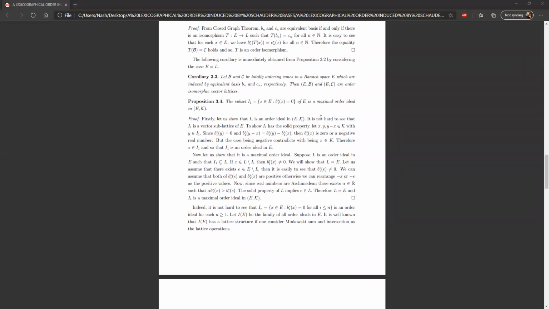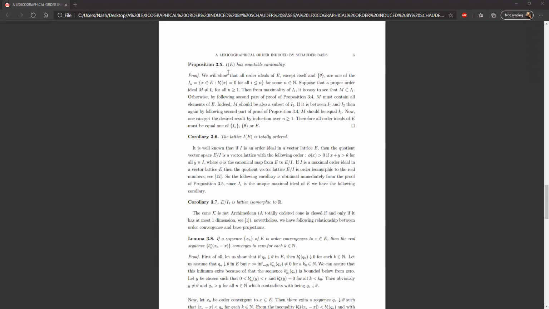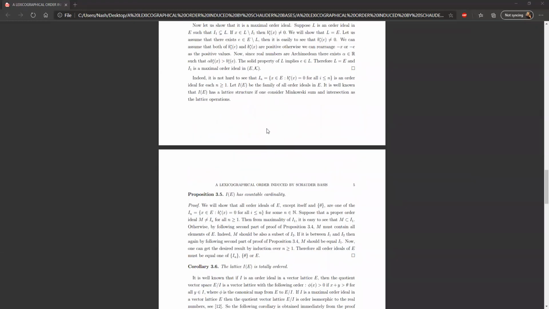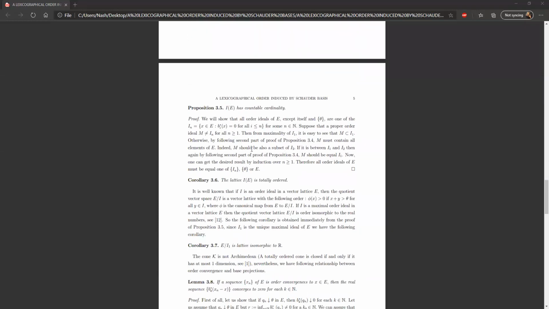And of course, we need to have a kind of subspace property in this order ideal. It is not only a set structure. In this proposition, we show that this I1 is a maximal ideal. The next proposition shows that the union of all of these I1, I2, I3 is of countable cardinality.